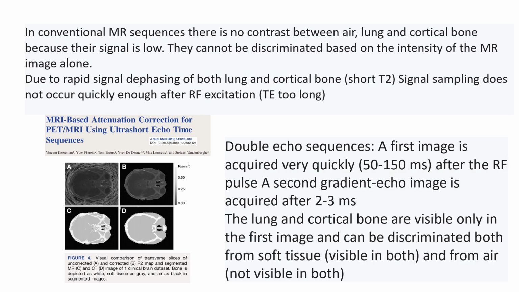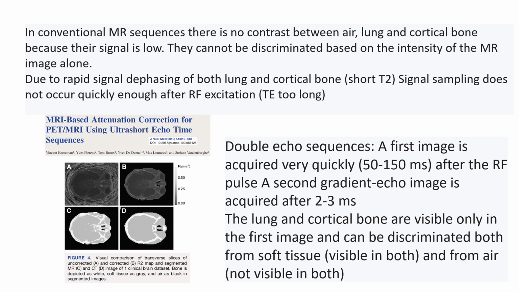To discriminate the 5 main tissues in the patient body is not very simple. In fact, in conventional MR sequences, there is no contrast between air, lung and cortical bone because their signal is too low. They cannot be discriminated based on the intensity of the MR image alone.